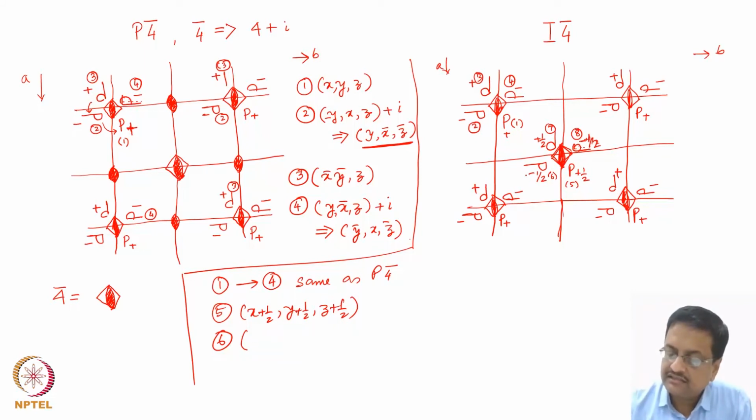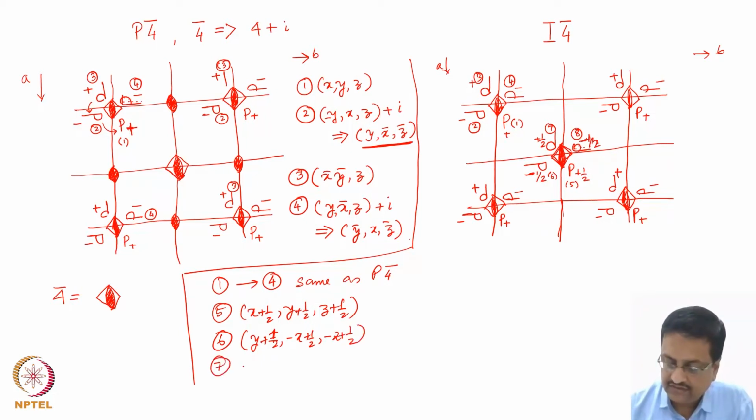So 5 to 6 has a minus, so that z is minus, and this is on the negative side of y, so from here, if you go there, this point becomes x bar, so minus y, x, z, and then on inversion it becomes y plus half, minus x plus half, minus z plus half.